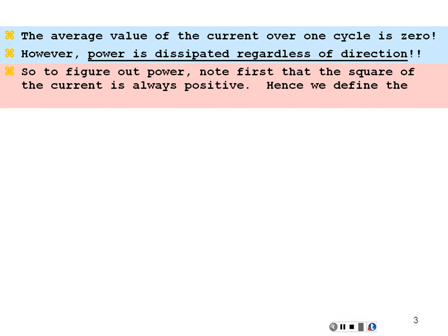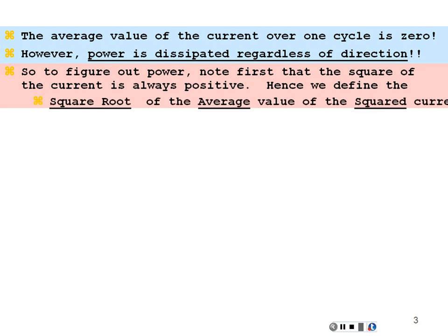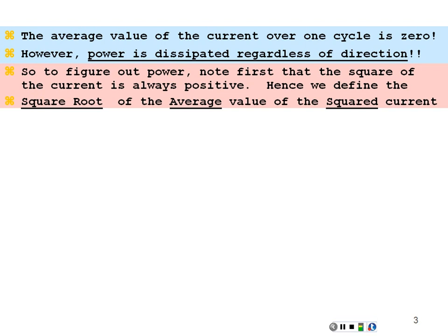Then we're feeling kind of guilty about squaring the current in the first place. And so once we square the current and average that, we're going to mitigate our initial squaring by then taking the square root. We're still going to end up with something finite, non-zero, that represents the current. So what we're going to do is take the square root of the average value of the squared current.